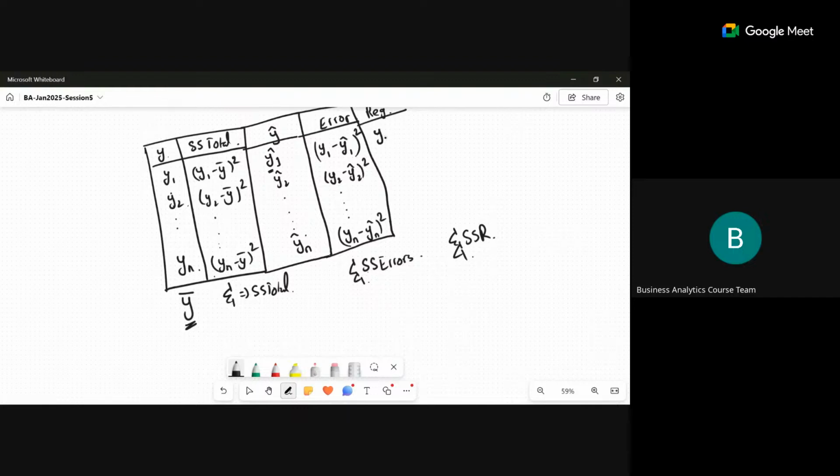So (y1 hat minus y bar) squared, (y2 hat minus y bar) squared, and so on, (yn hat minus y bar) squared. Sum all of these up, that is your SSR.